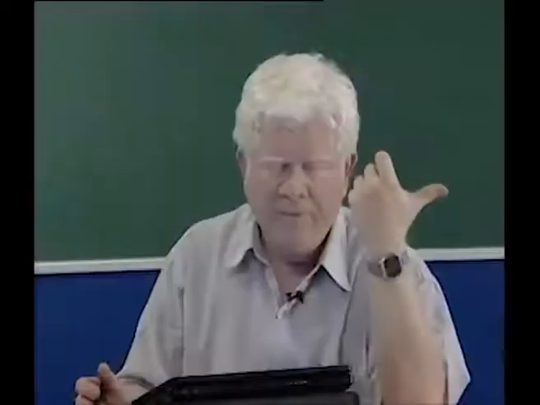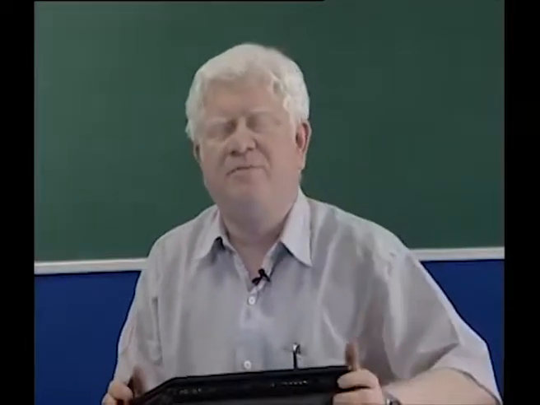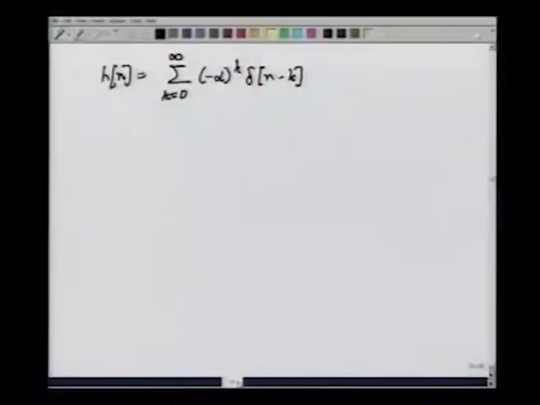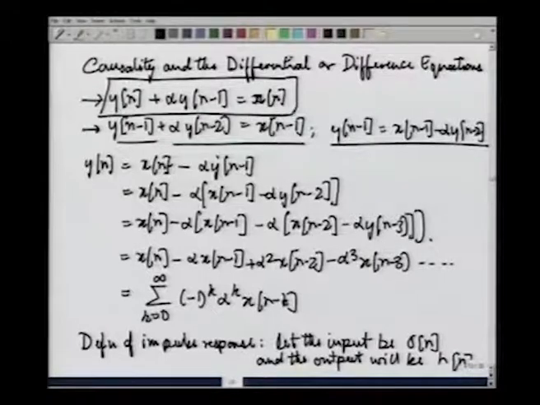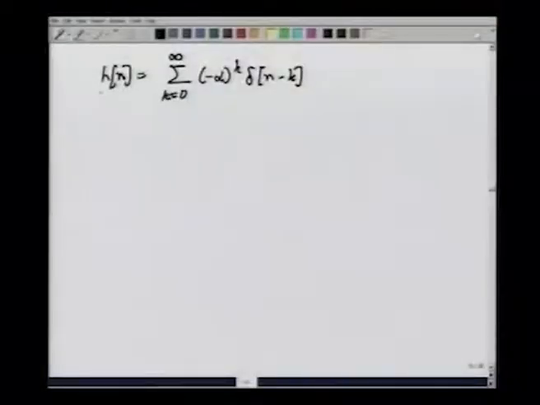So, this has given us the impulse response of the system starting from the difference equation that we had over here. This was the difference equation. If you look at the form of the impulse response, you clearly see that the present value of h[n] depends upon a lot of past impulses, that is, consists of a lot of impulses that occurred at various points in the past, n minus 0, n minus 1, n minus 2, n minus 3 and so on.